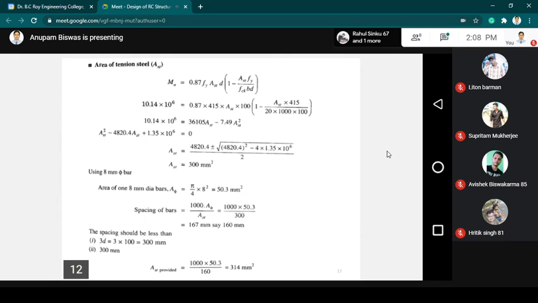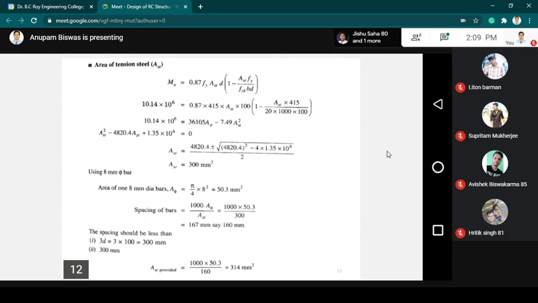So this is a quadratic equation. After solving, we get the value of Ast, which comes around 300 mm square.